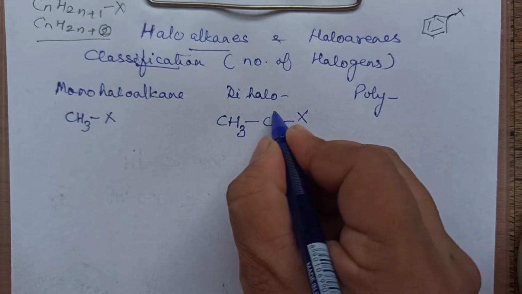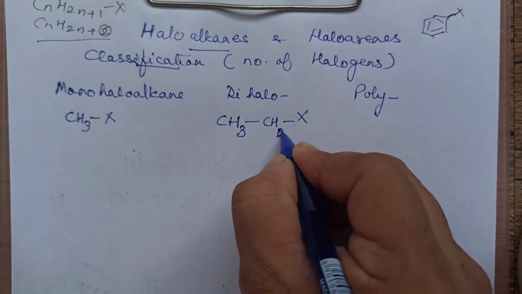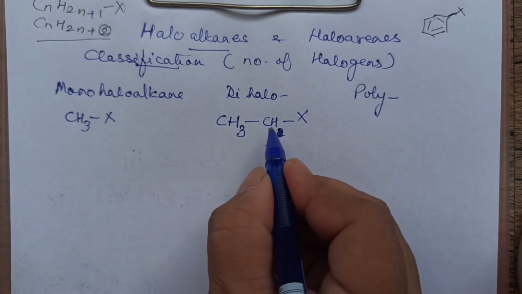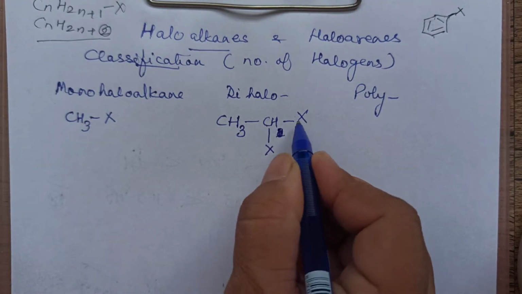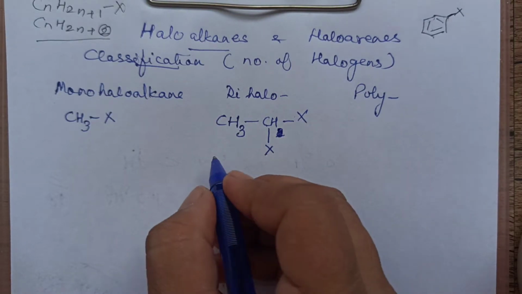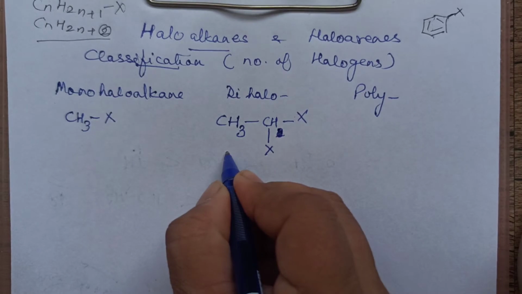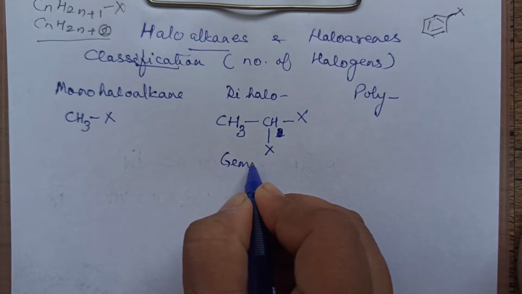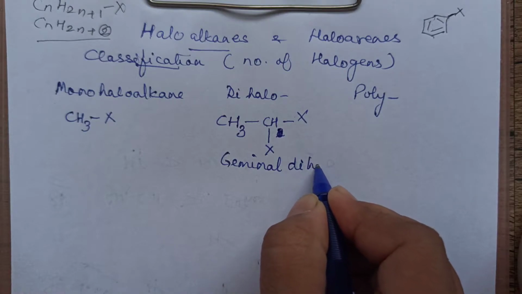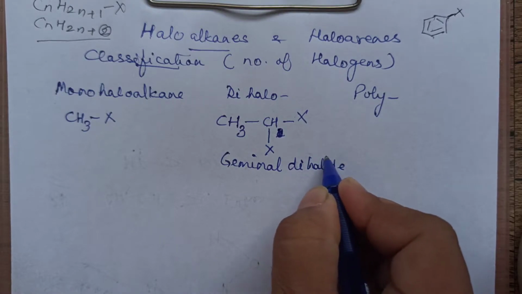One halogen, and then one more halogen attached to it. So the same carbon atom having two halogens. This type of dihaloalkane is called geminal. This is geminal dihalide.